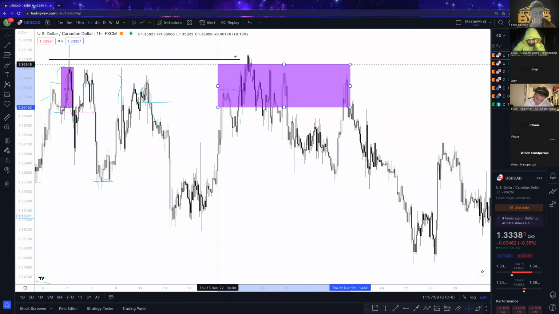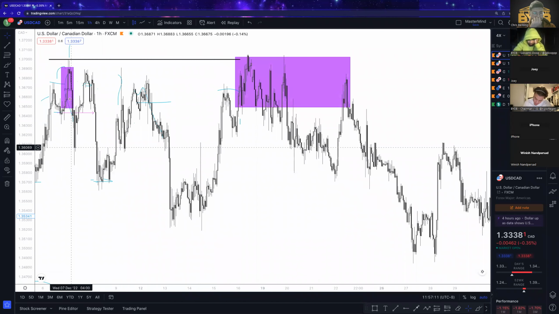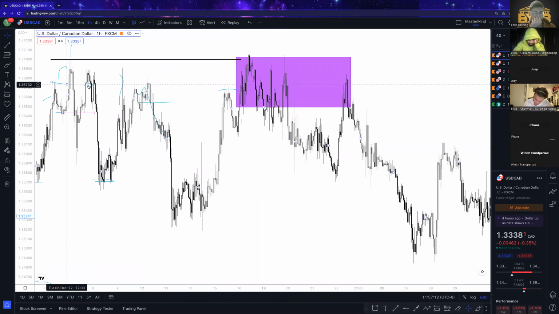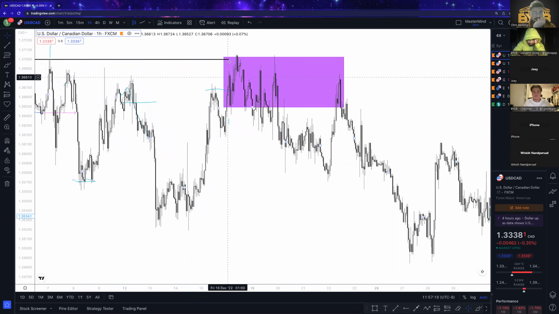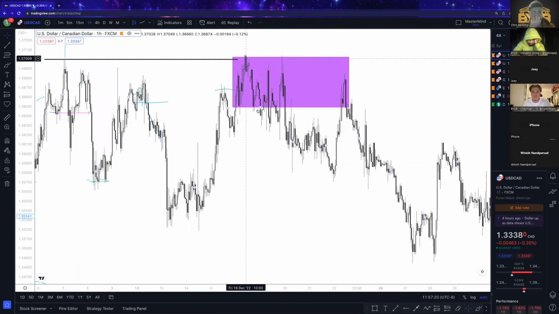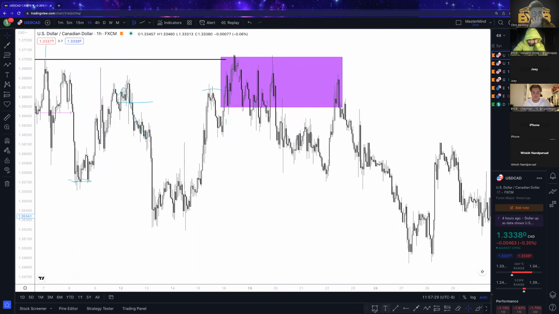Number two, let's just get rid of this. Yeah, that's valid, right? We've seen distribution from there, but overall price came above and redistributed again. So number one, liquidity swept. Number two, got that break of structure. Number three, there's imbalance right there.